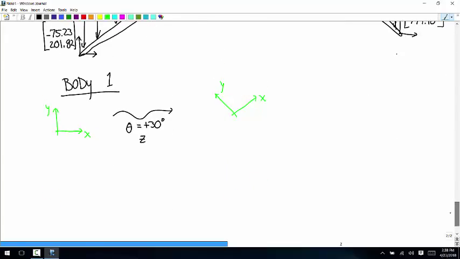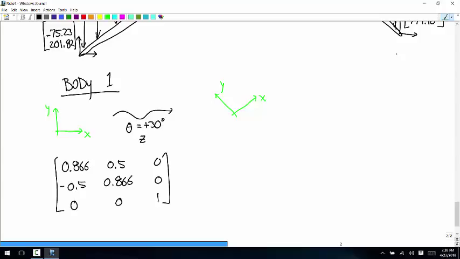Okay, so first we'll do that with, so we have 0.866, 0.5, 0, negative 0.5, 0.866, 0, 0, 0, 1, and first we'll multiply it by this force RA. So that vector is negative 75.23, 201.82, and then there's no z.